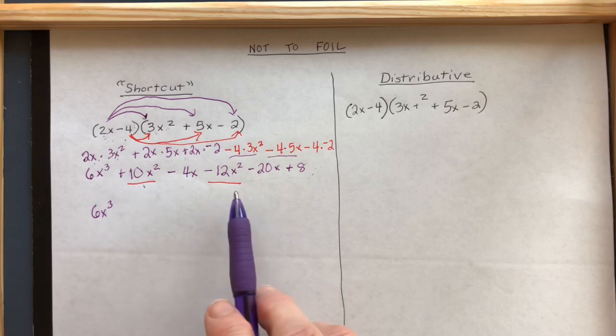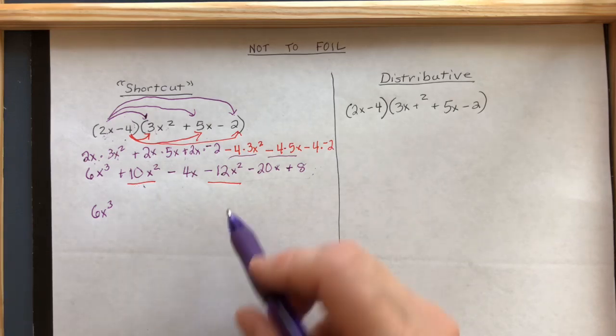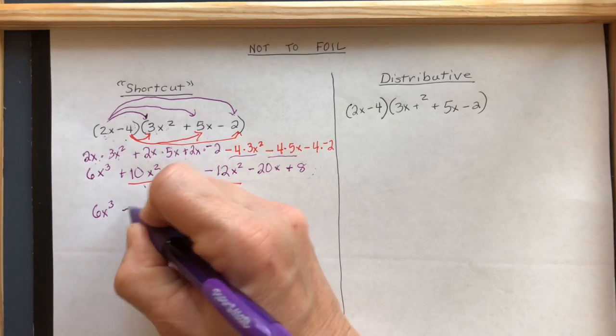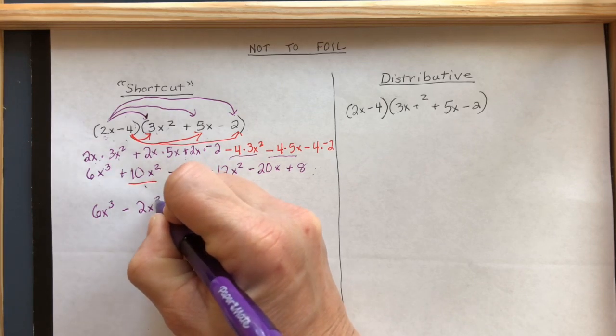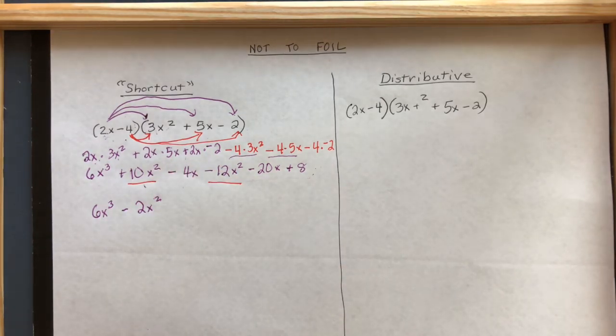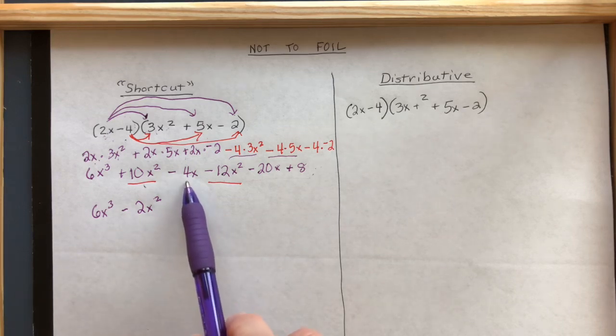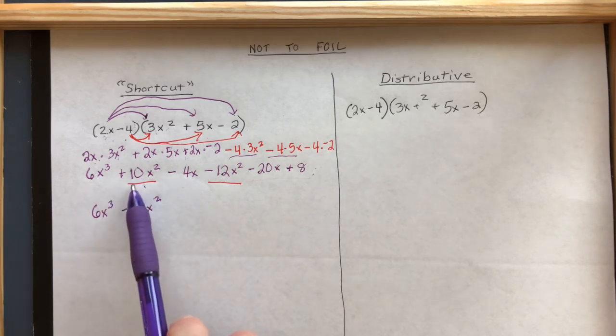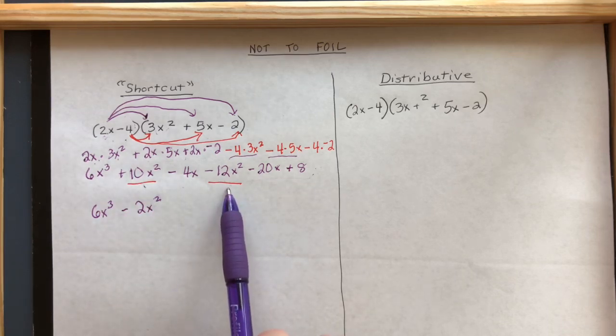Plus 10x squared and minus 12x squared is going to give me minus 2x squared.